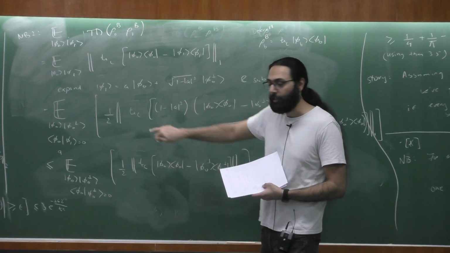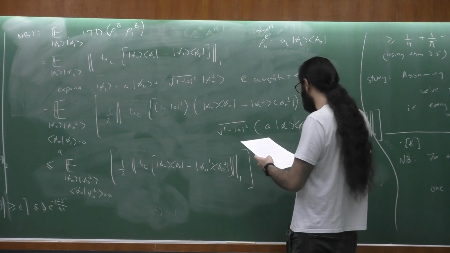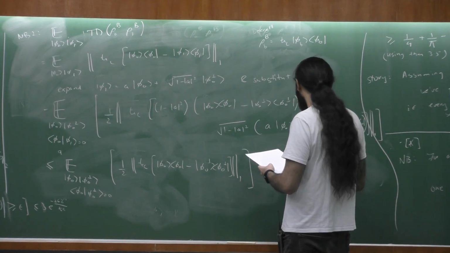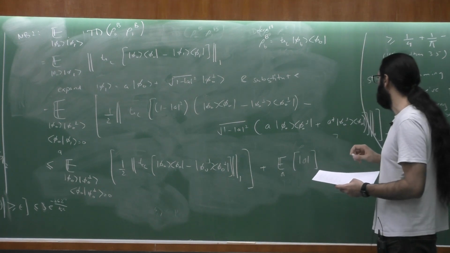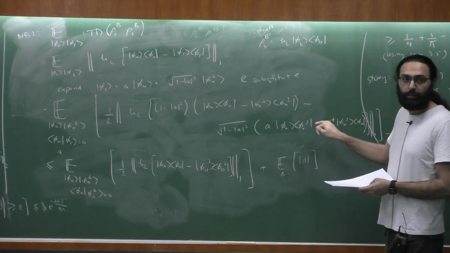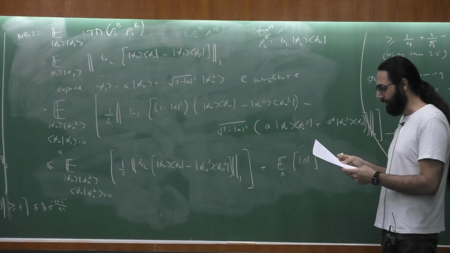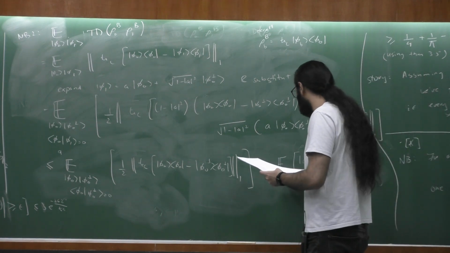So we don't have any expectation over A. The second term still has an expectation over A, but this is going to be at most mod A, because there's a half and there's a star, so you can take the mod. And this we know is negligible as well.